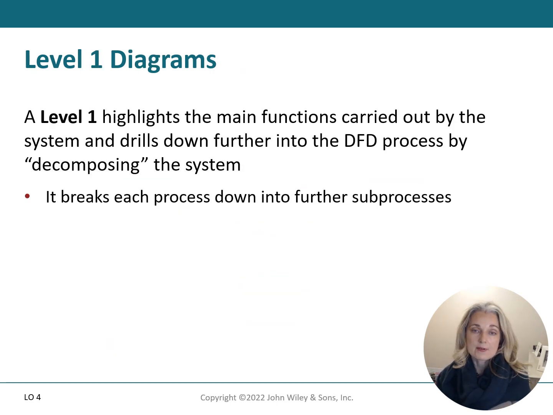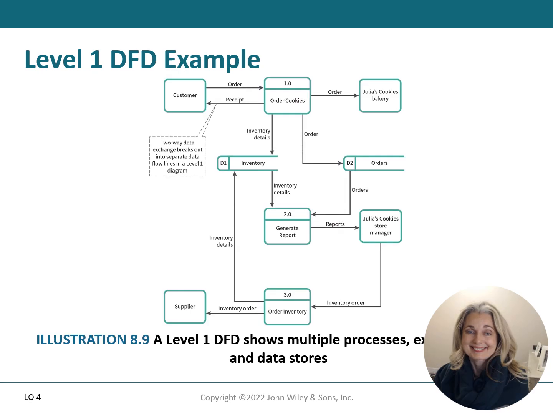The next level of DFDs are the level 1 diagrams, and these highlight the main functions carried out by the system, and they drill down further into the DFD processes by decomposing the system, and this breaks down each process into further sub-processes.